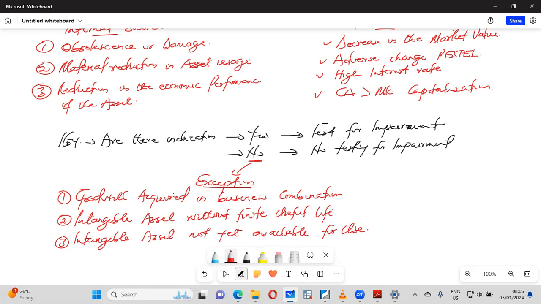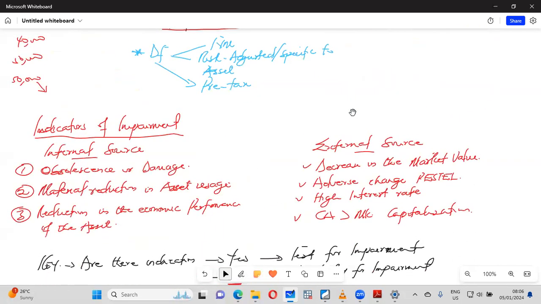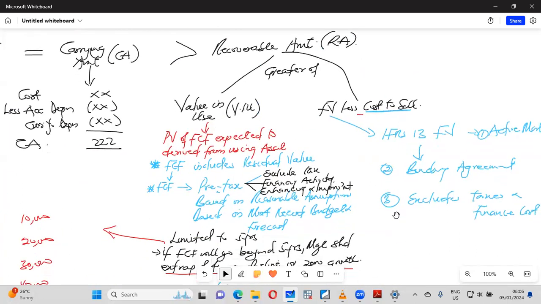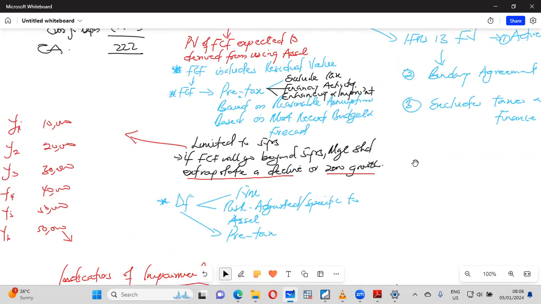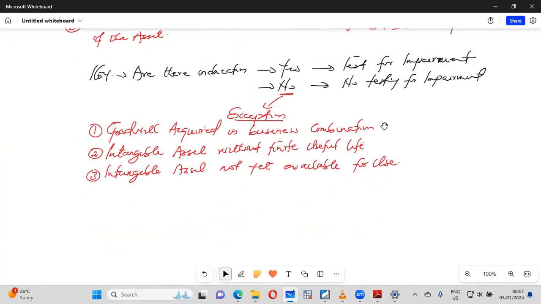Now, when you test for your impairment loss, how do you treat the impairment loss? The treatment of the impairment loss depends on whether it is a CGU or an asset. Because when we are discussing impairment, we've looked at it from the perspective of a CGU and an asset.